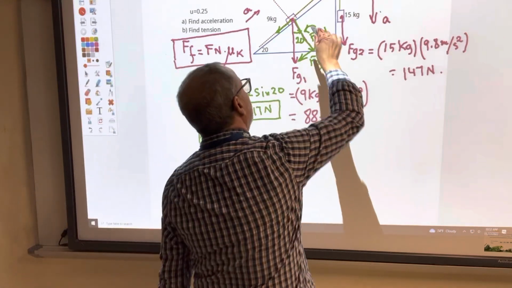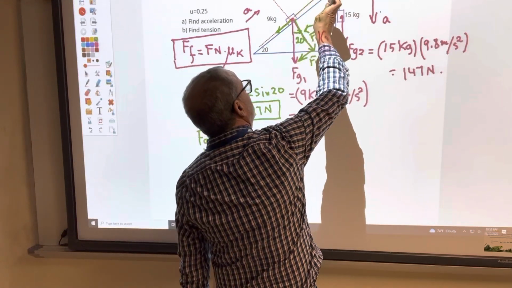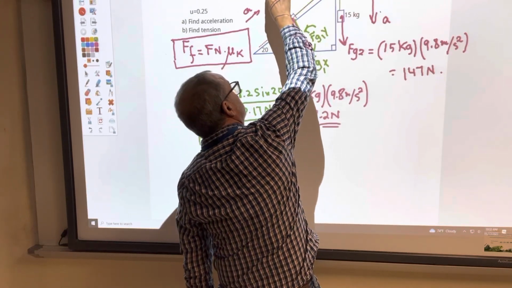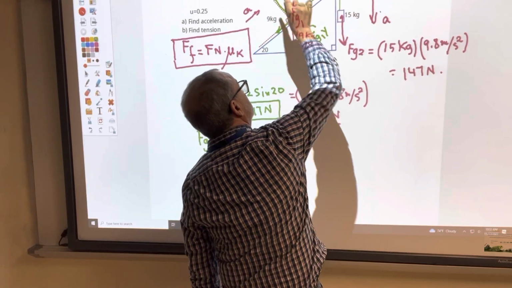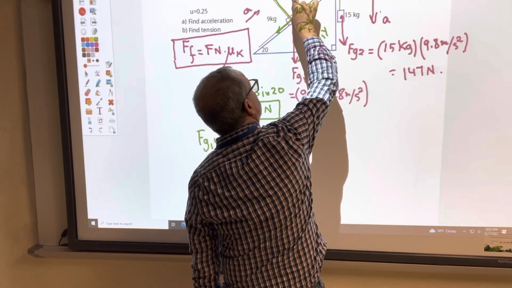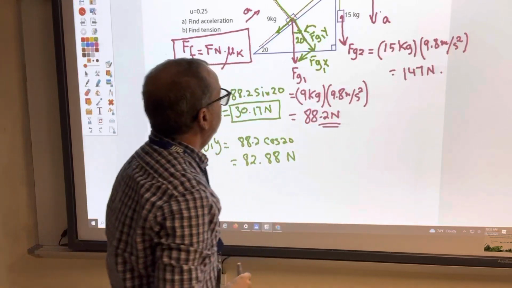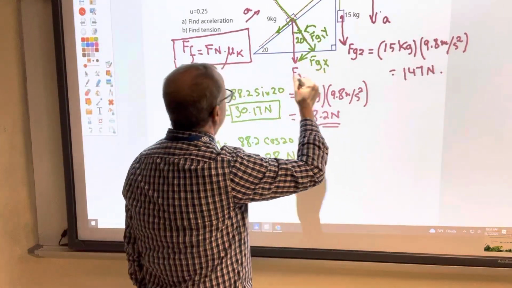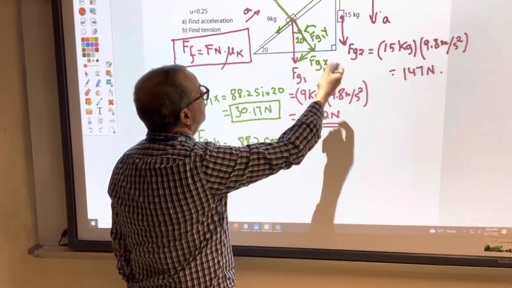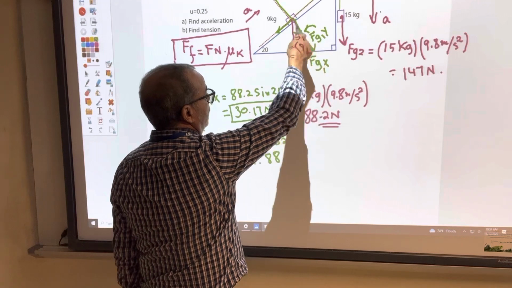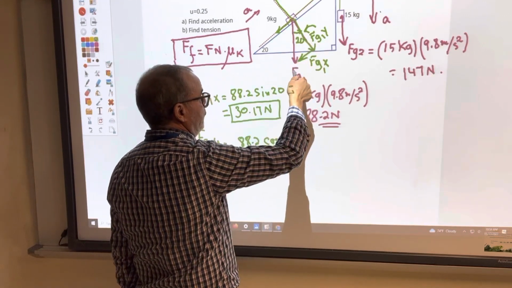By the way, we have another force that's going up, which the surface exerts on the box. It's a normal force, Fn. Because the box is not accelerating up and down, the Fn is equal to the y component of this gravitational force.